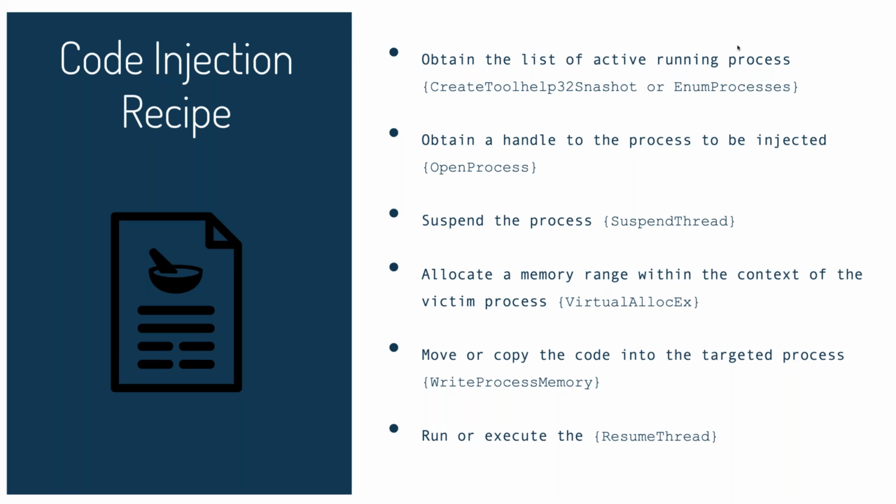Then I'm going to suspend explorer.exe so that I can allocate a portion of its virtual memory. Then I'm going to write my malicious code into that allocated memory space, and then I'm going to resume that process. And that, in essence, is one form of code injection.